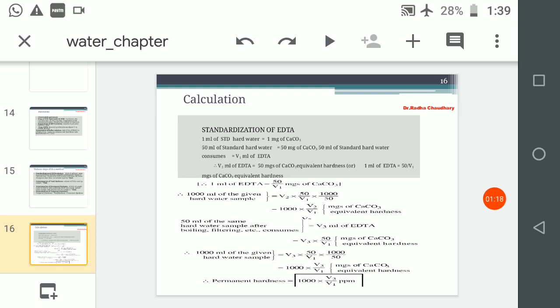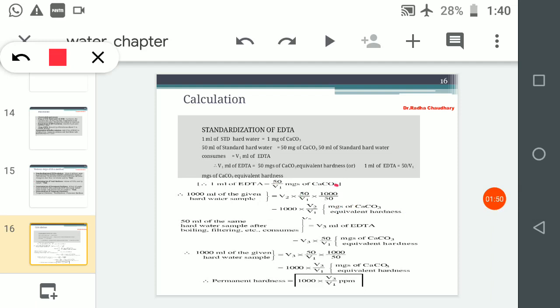It means when 1 ml of EDTA solution is 50 upon V1, so 50 ml of hard water contains 50 upon V1 into V2, because V2 ml of EDTA solution is consumed by the 50 ml of water sample. So for 1000 ml, that is V2 into 50 upon V1 into 1000 upon 50.